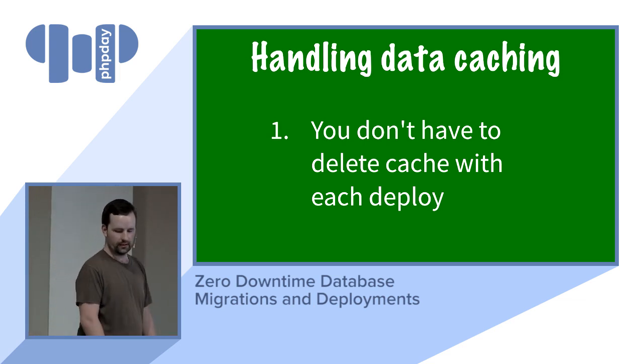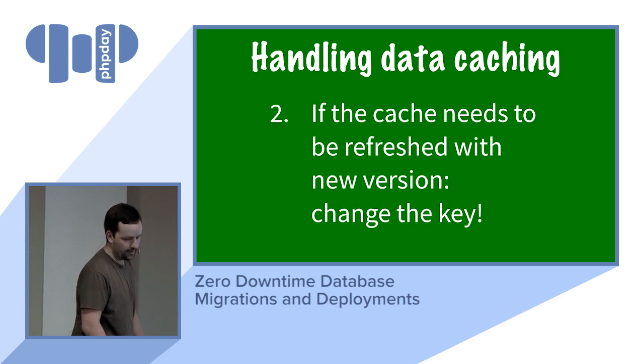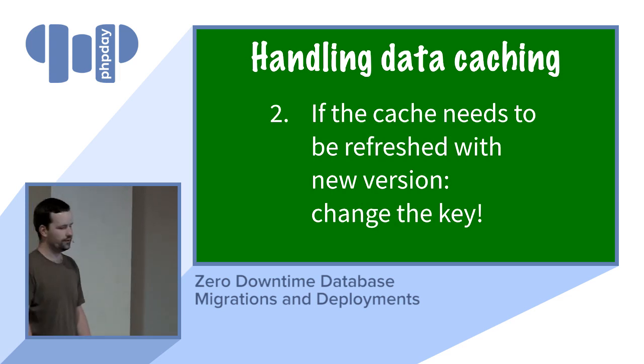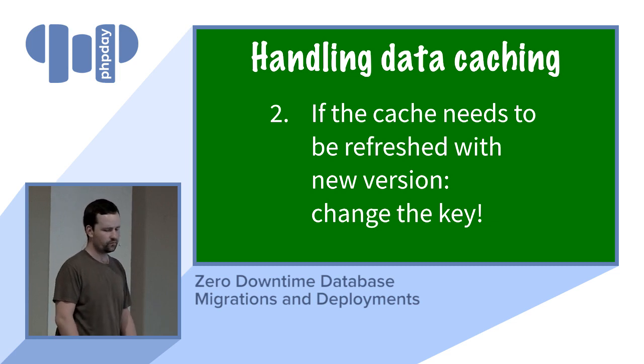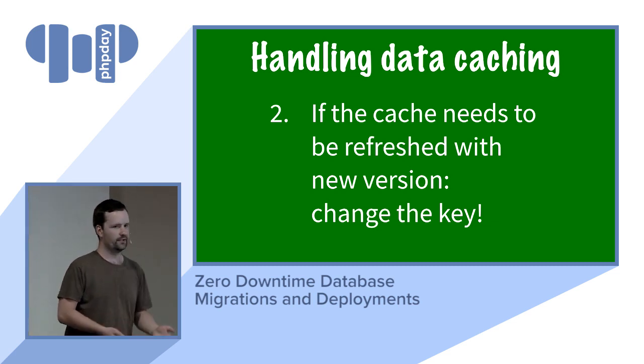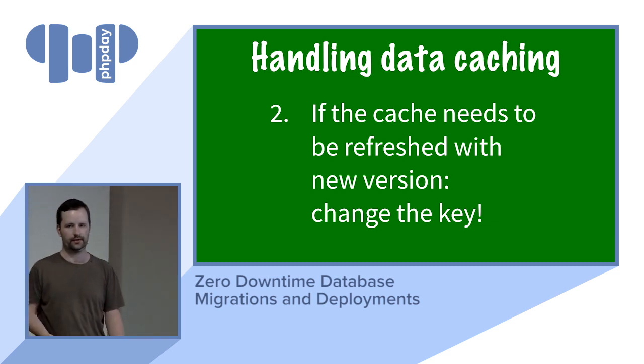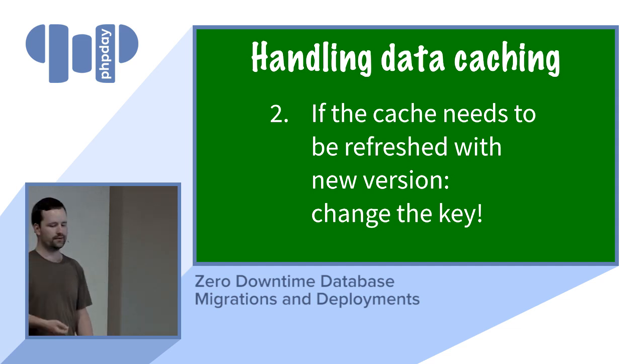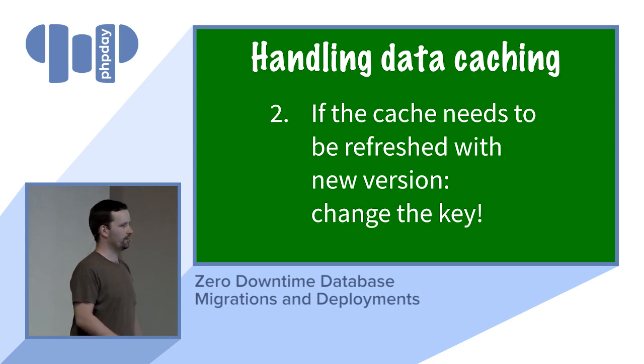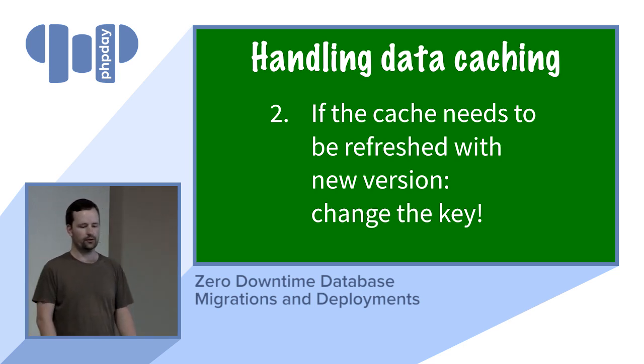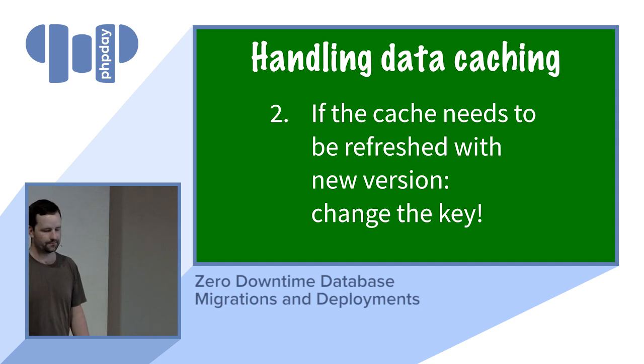And in case you need to refresh the cache, similar to database migration and the deployment of an application, you can't synchronize those two things. You can't really catch the moment when the new version is deployed and then clear the cache, because you will definitely break some request for some user.